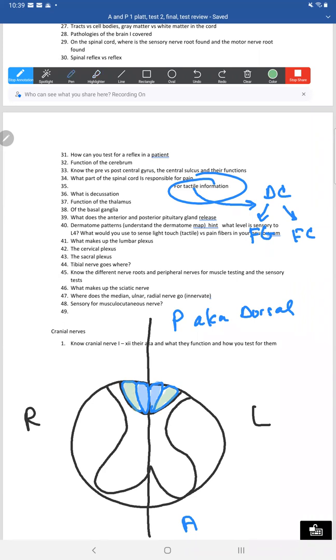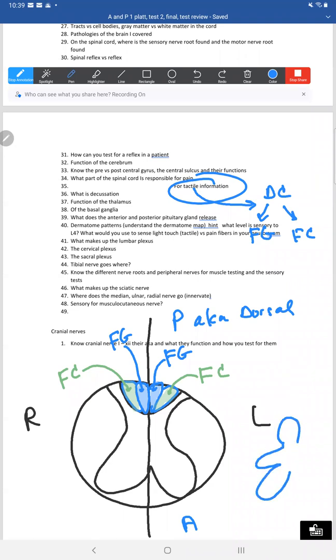The fasciculus cuneatus is the lateral part of the tracts, and the fasciculus gracilis is in the more medial aspect. To some degree, I'm oversimplifying this for sensory reasons. Let's do our little gingerbread man here.